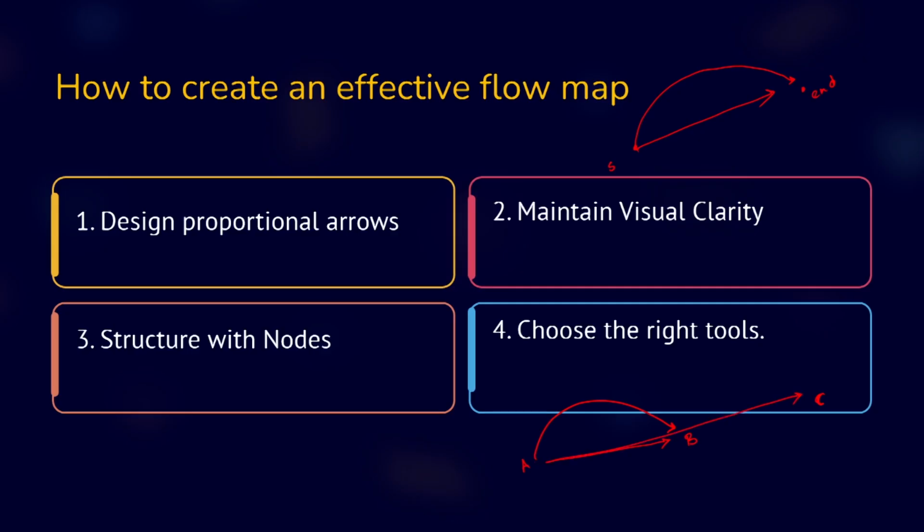We do not want that to happen, so instead of straight lines, we will be drawing radial lines. From A to B, A to C, these radial lines are clearer than straight lines, correct. If we draw a straight line, you can see A to C is overlapping A to B. That should not happen.